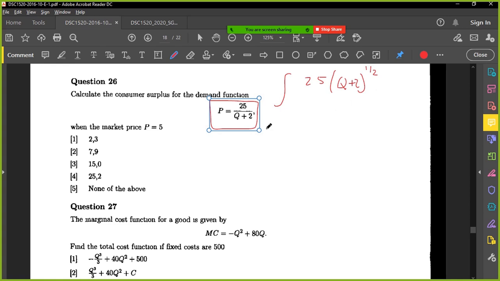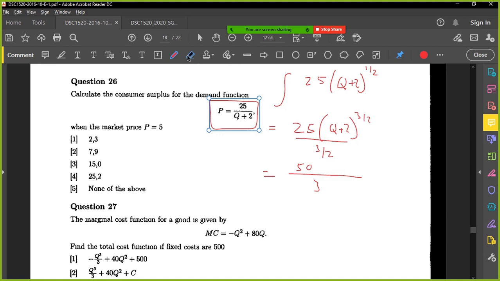Okay, so if I'm going to integrate this, it's going to be multiplied out. So it'll be 25 times Q plus 2 to the 3 over 2 over 3 over 2. Okay, so then that gives me 50 over 3. This will be... Oh, it's a minus.